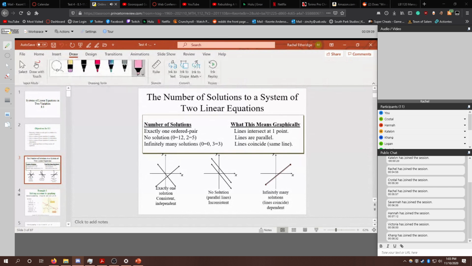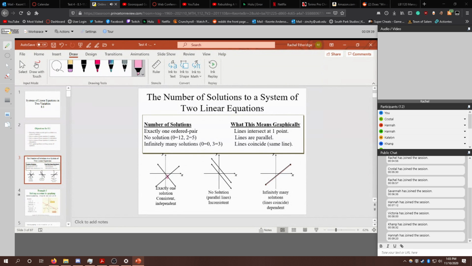So when we have two equations that we graph and they intersect in one point, we get exactly one solution. It's called consistent because they do have a solution, and independent because they are two different lines.